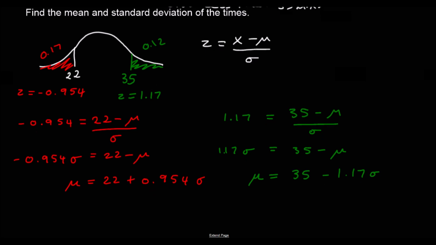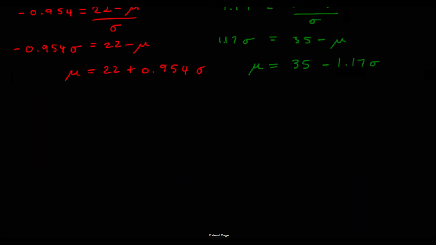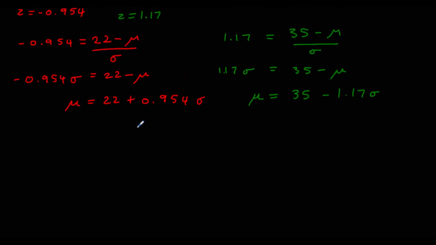So I've got two equations equal to the mean, so I can make them equal to each other. So I want to have my minus A. I'm going to plus 1.17 standard deviation to both sides. So it's my negative A plus B. So I can do that in the calculator.